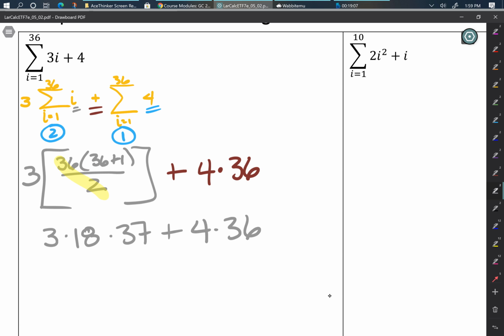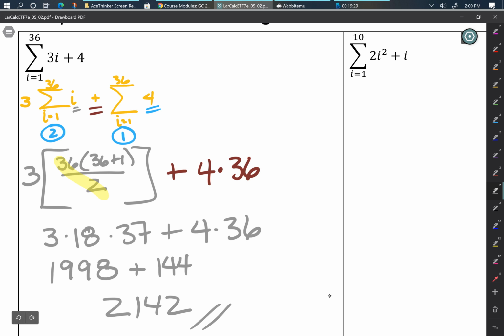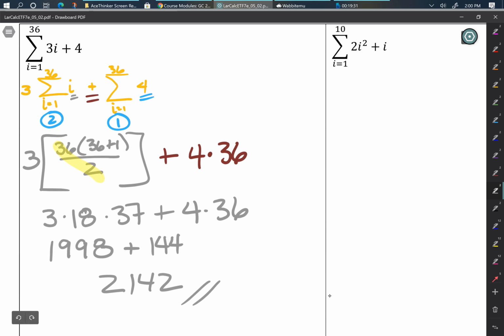So 3 times 18, got my calculator, times 37. That's 1,998. Plus 4 times 36, 144. And I get 2,142. Now, had I written all 36 terms out, I would have gotten the same answer. It would have just taken some time.